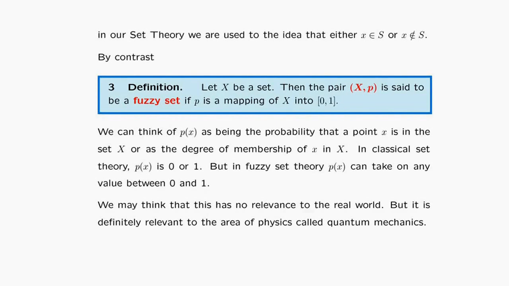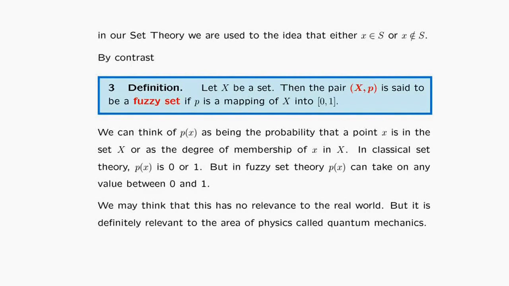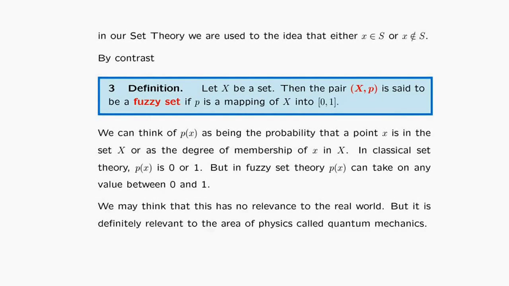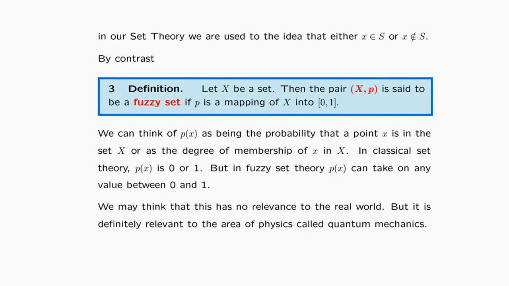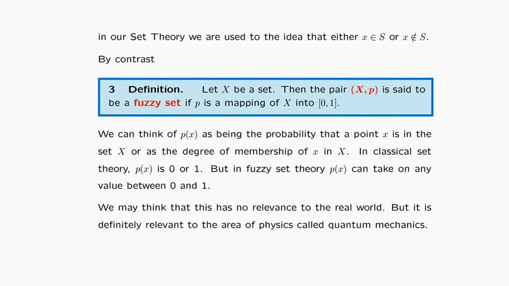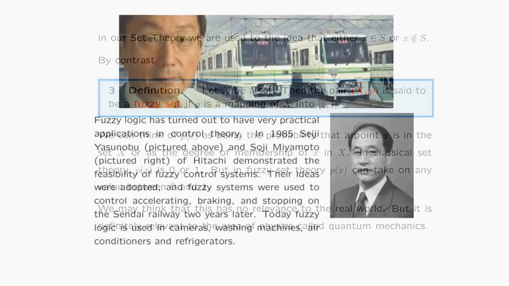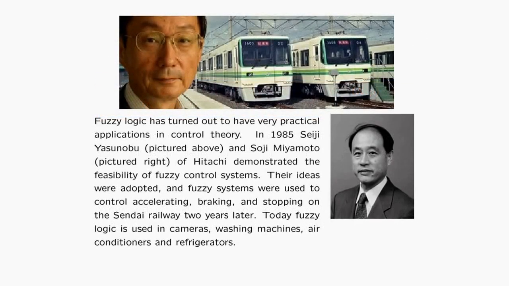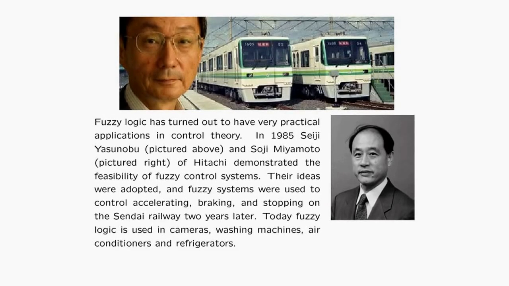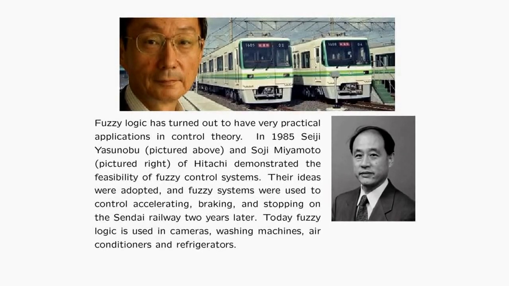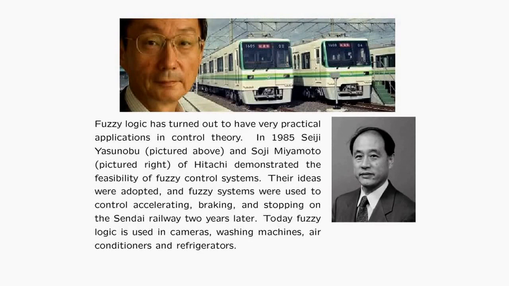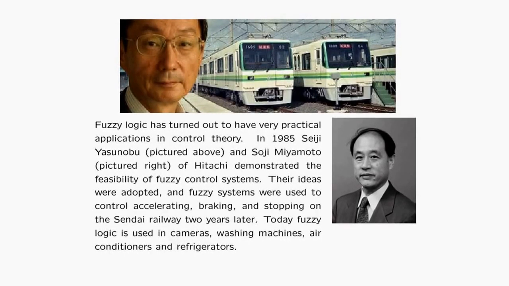We may think that this has no relevance to the real world, but it is definitely relevant to the area of physics called quantum mechanics. Fuzzy logic has in fact turned out to have many very practical applications, and in particular in control theory.